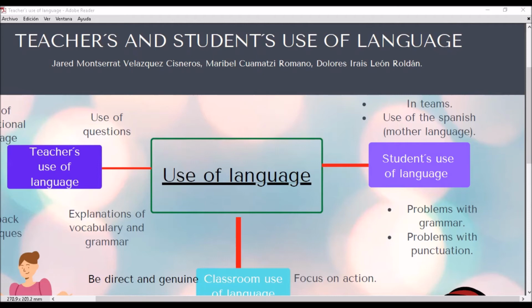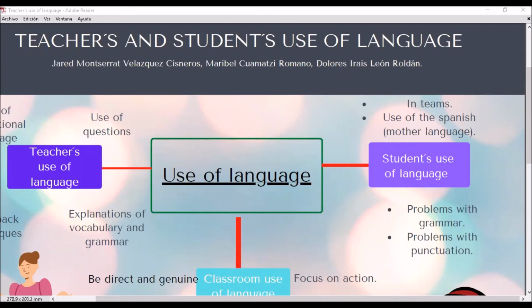But sometimes it's necessary to use the mother language, in this case Spanish, because children or students in general aren't going to know everything in English. Even we as university students sometimes cannot complete an idea in English, so it's necessary to use Spanish instead of it.